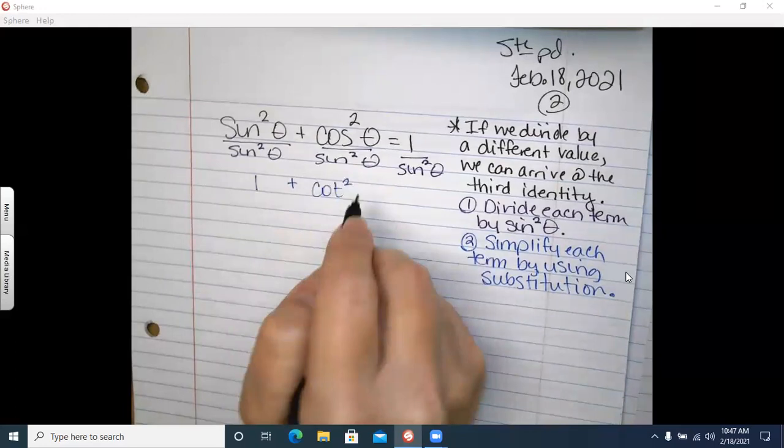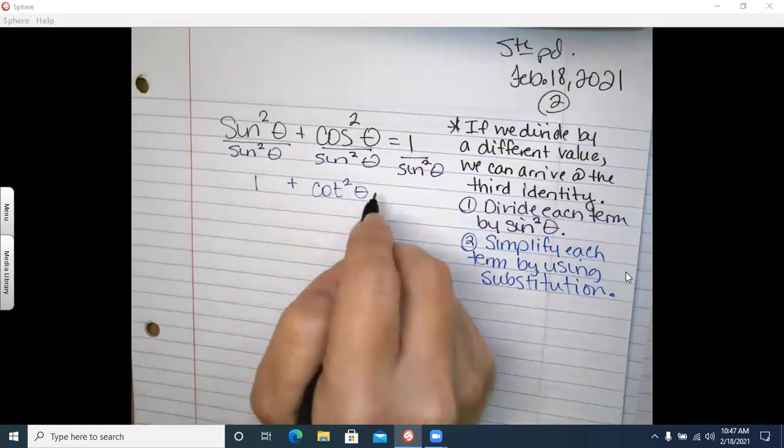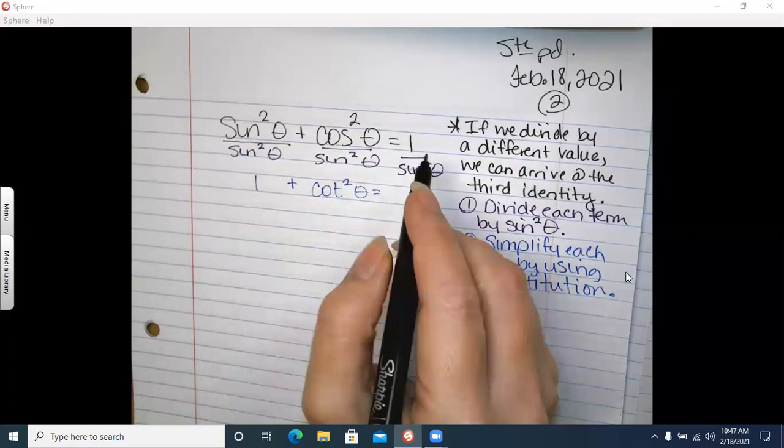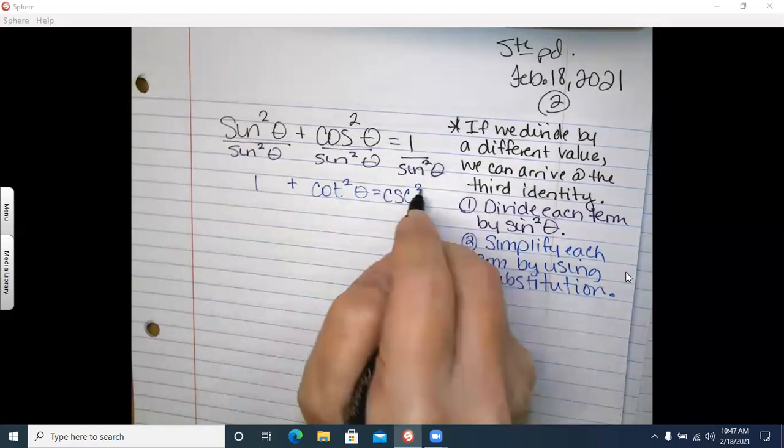And is there anything we could substitute for 1 over, if it was just 1 over sine of theta, what's that? Cosecant, but since it's squared, yes, substitute with cosecant squared. And that is our third identity.